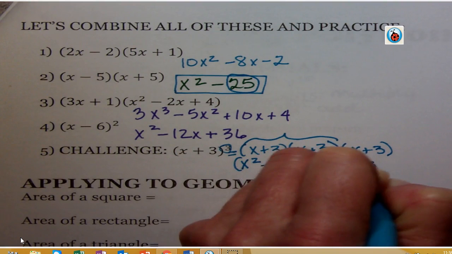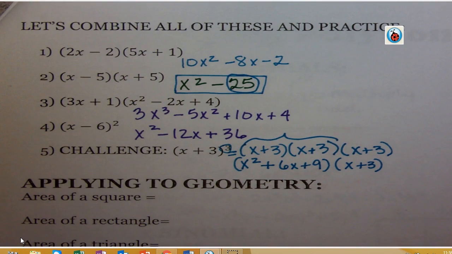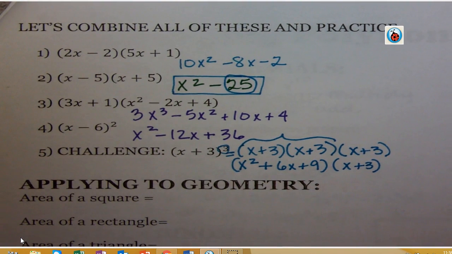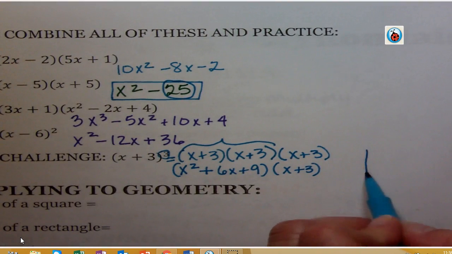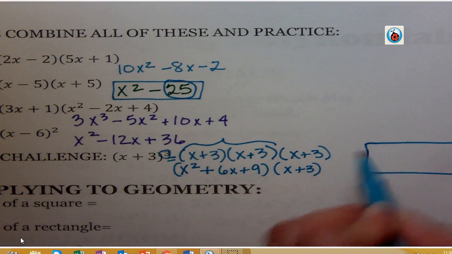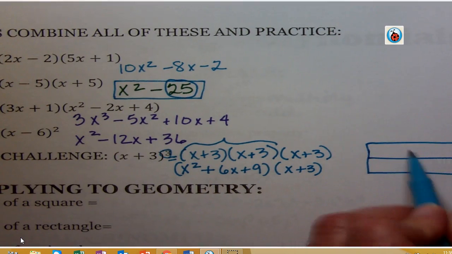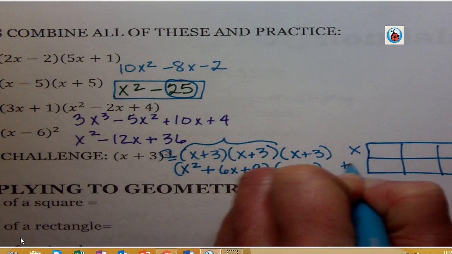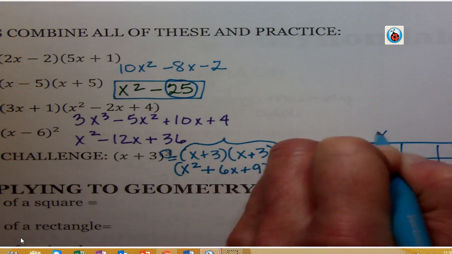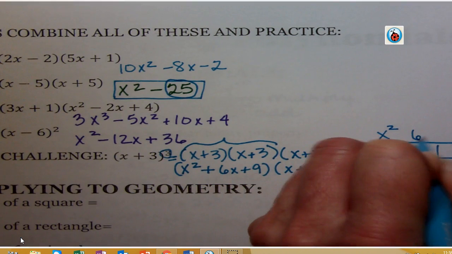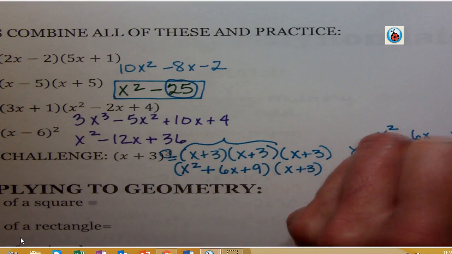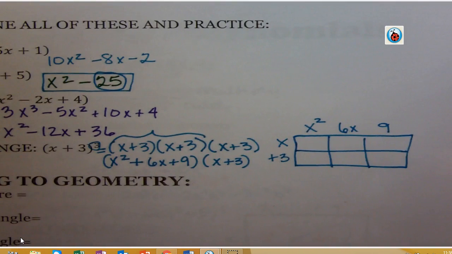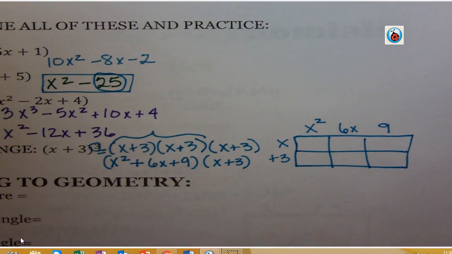times x plus 3. Now you can work your box method and have x plus 3 and your x squared, your 6x, and your 9, and then multiply those out.